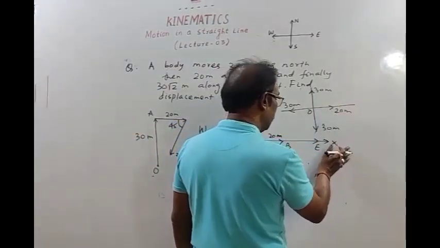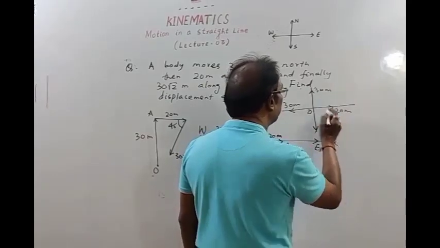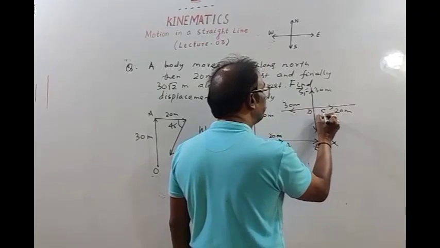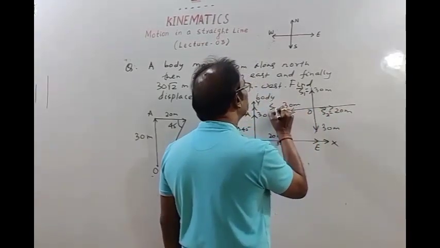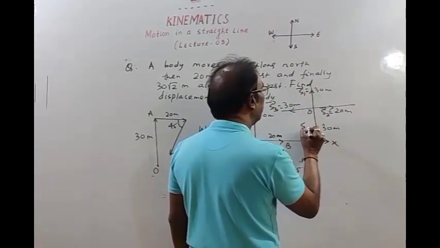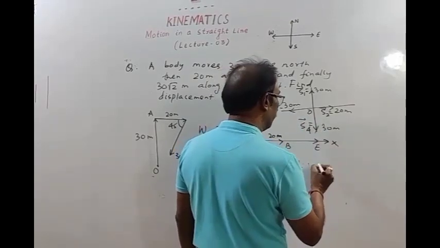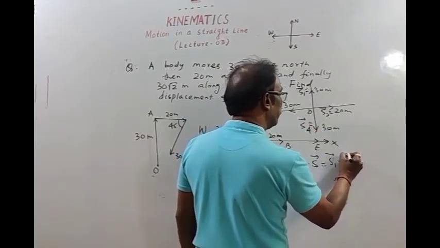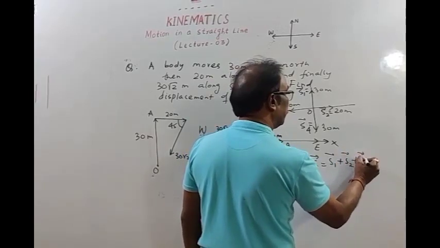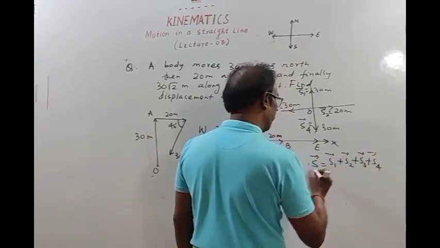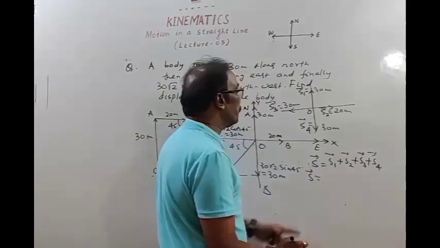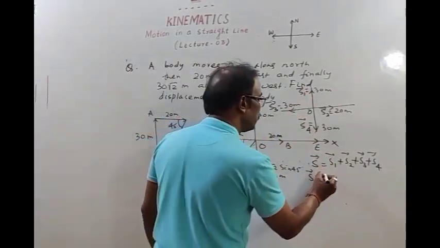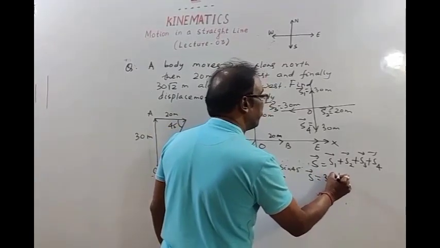Or you may take the unit vectors. Let this displacement be S1, this displacement S2, this displacement S3, and finally this displacement S4. Then the total displacement is S1 vector plus S2 vector plus S3 vector plus S4 vector. S1 is 30 meter along north, means along y-axis, 30 j cap.